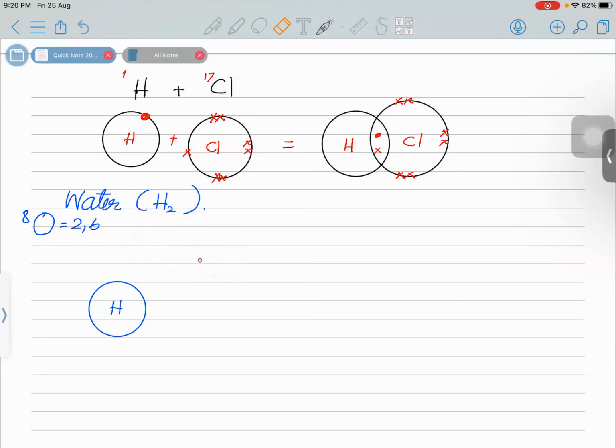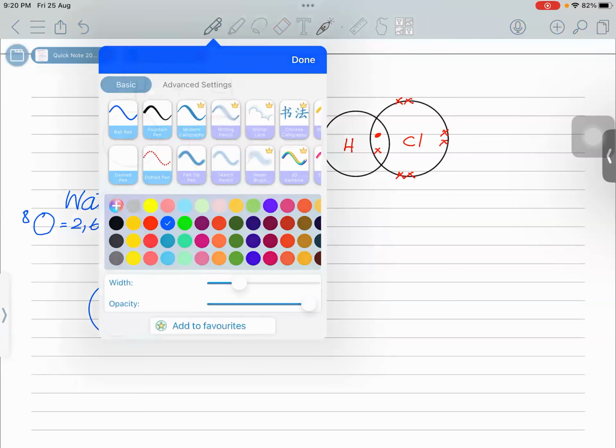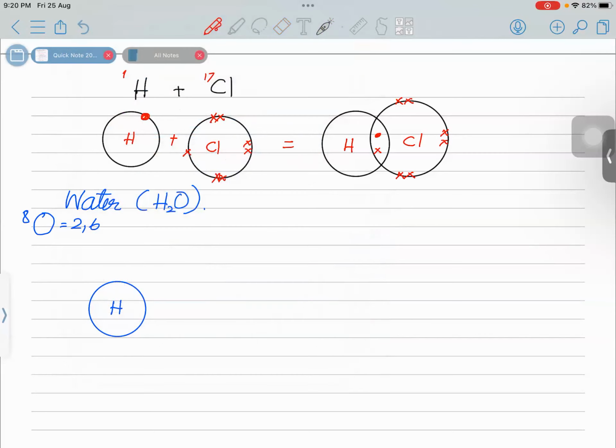So shouldn't it be 6? 6 electrons, right? Yes. So 6 electrons.